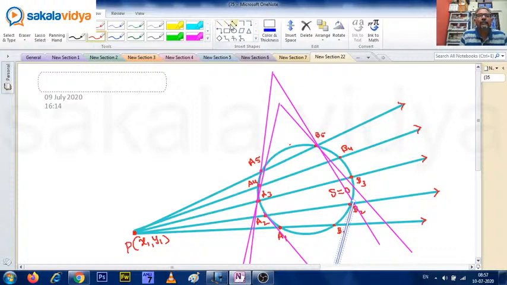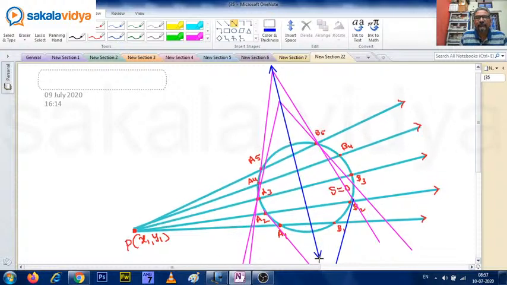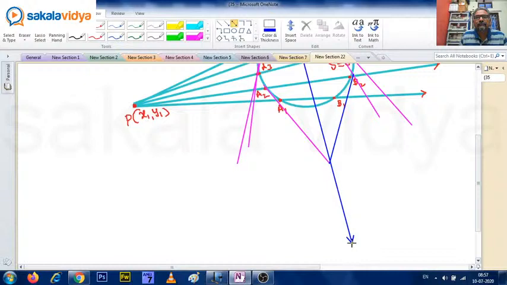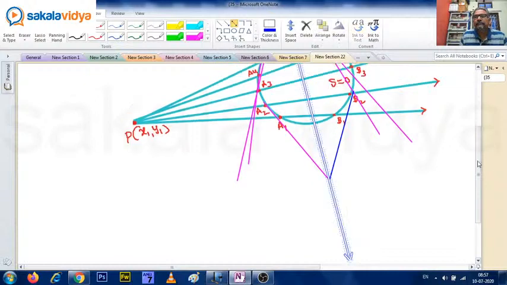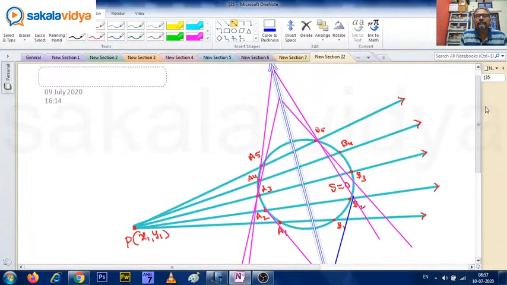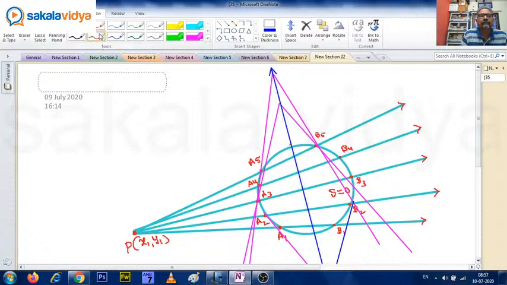Okay, now by joining this one you get a line like this. So this line is called polar equation.